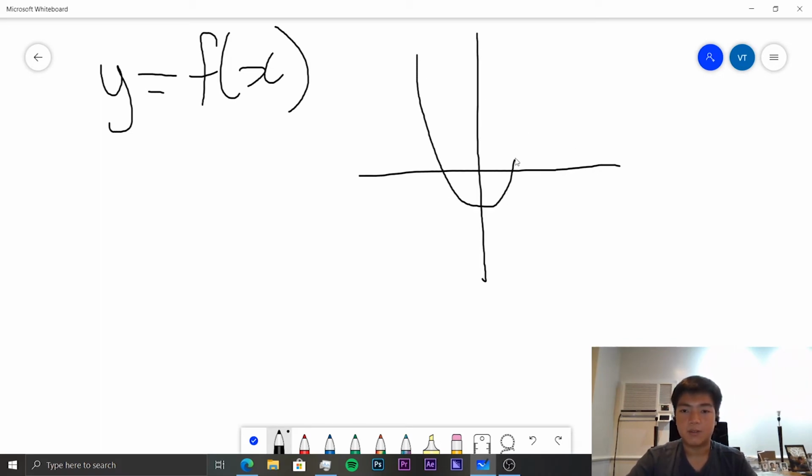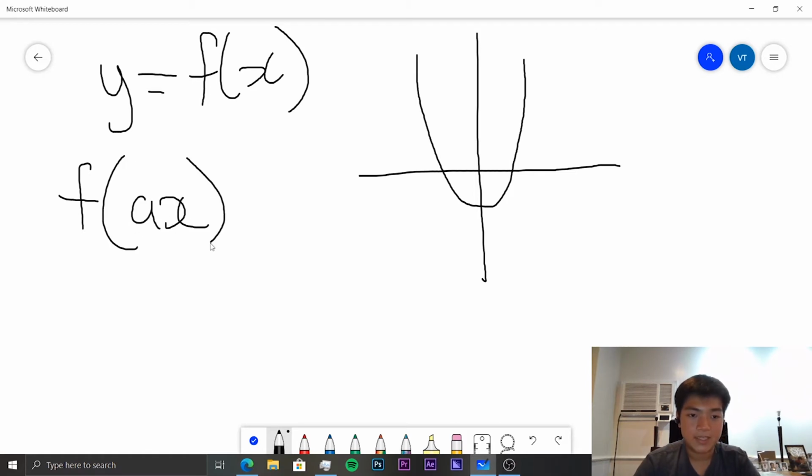If we have our original function again, we stretch it horizontally by taking f of a times x instead of a times f of x.